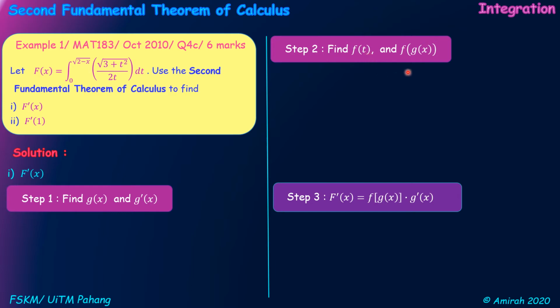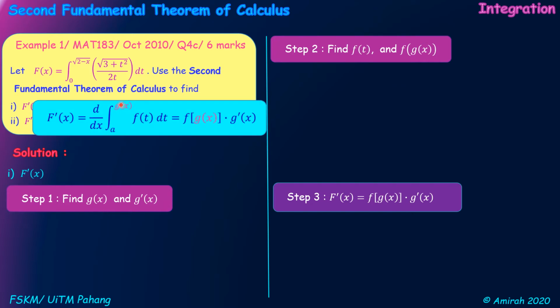How to find g(x)? From the theorem, F prime x equals d over dx of the integral from constant a to g(x) of f(t) dt equals f(g(x)) times g prime x.